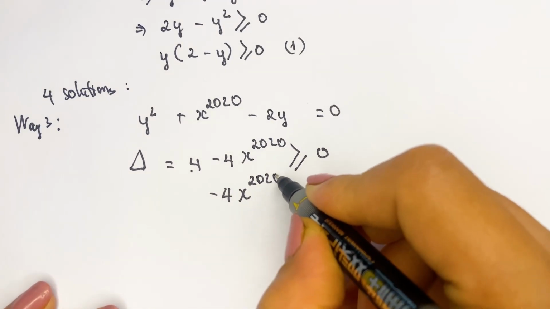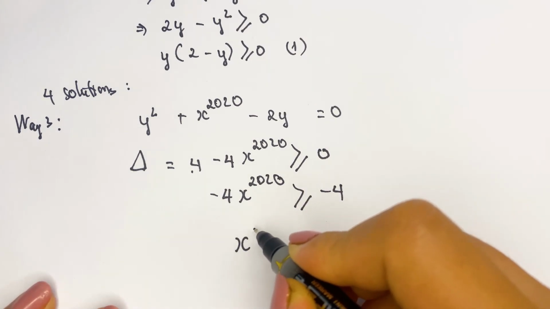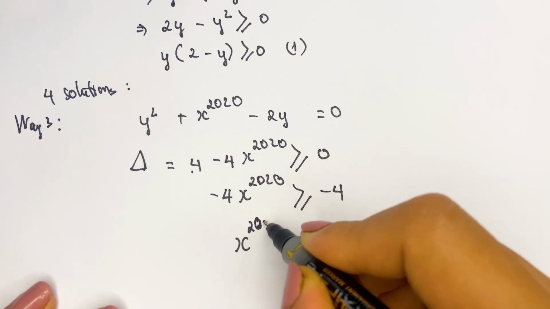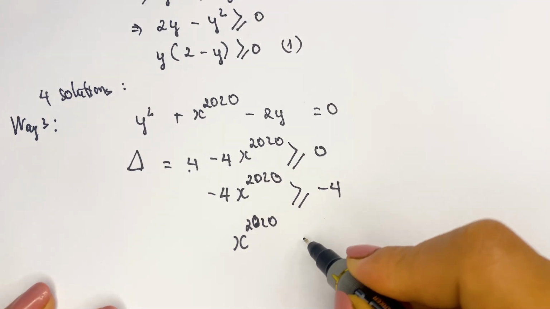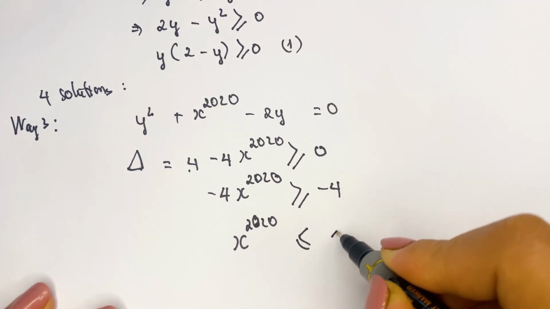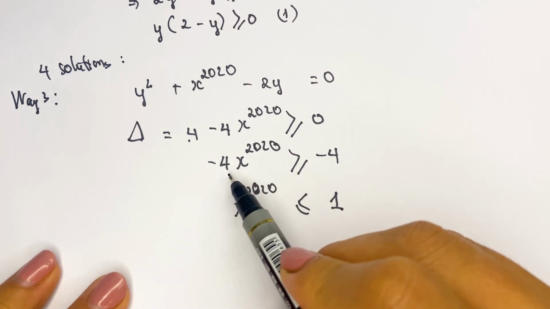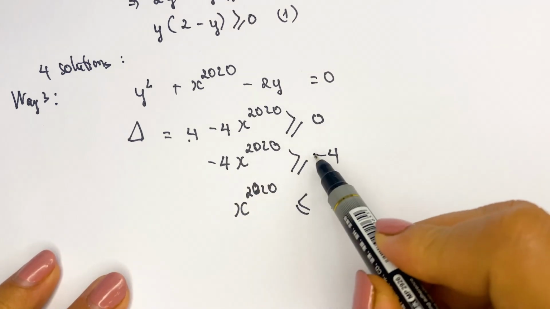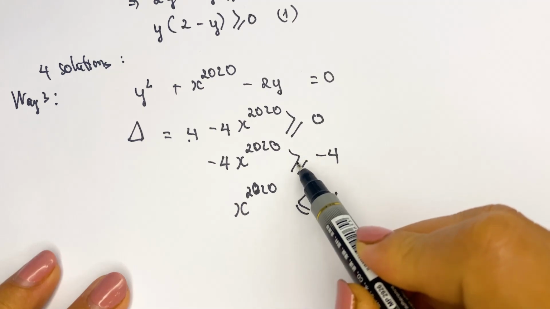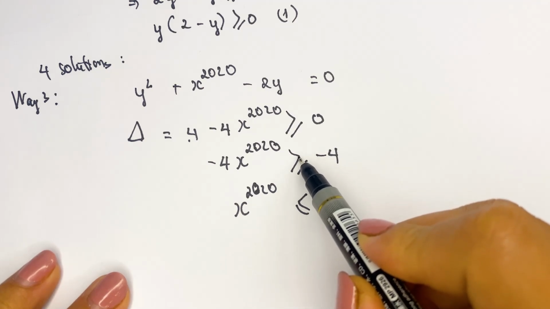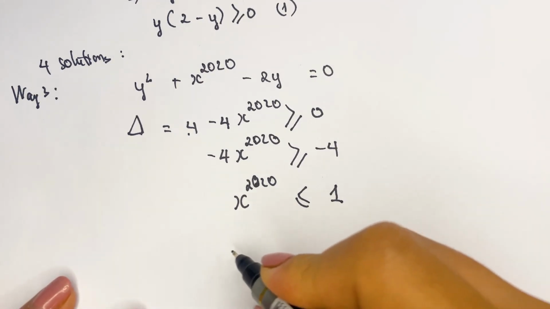Therefore we can say x^20 is less than or equal to 1. You need to divide both sides by minus 4, and you need to change the direction of the inequality, right?